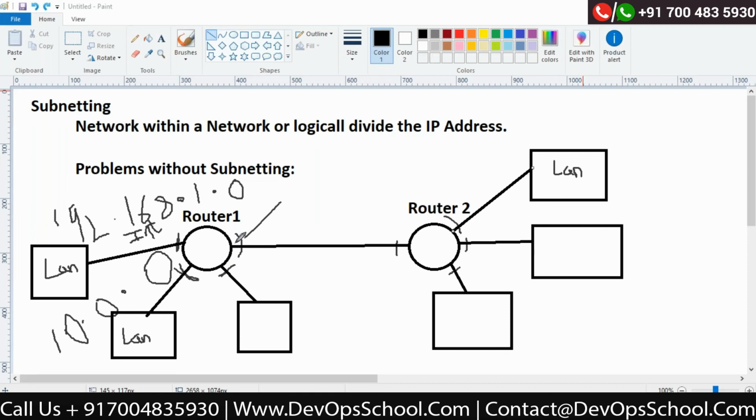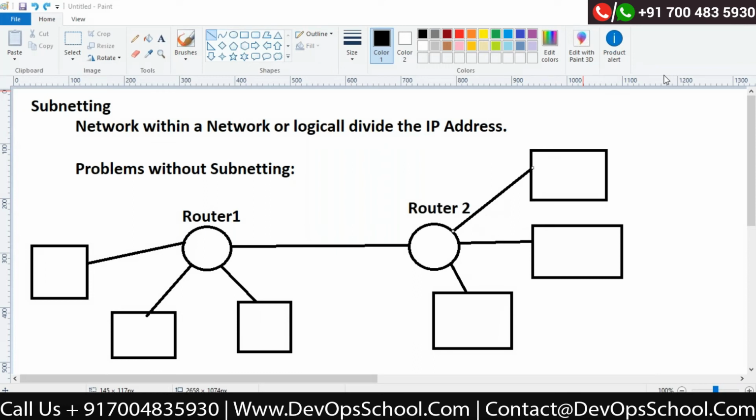So this is the first problem we can identify: yes, I require some technique that will help me to divide my network into smaller chunks. Correct? Now, this is the first problem, where I require multiple networks in order to configure my entire setup.